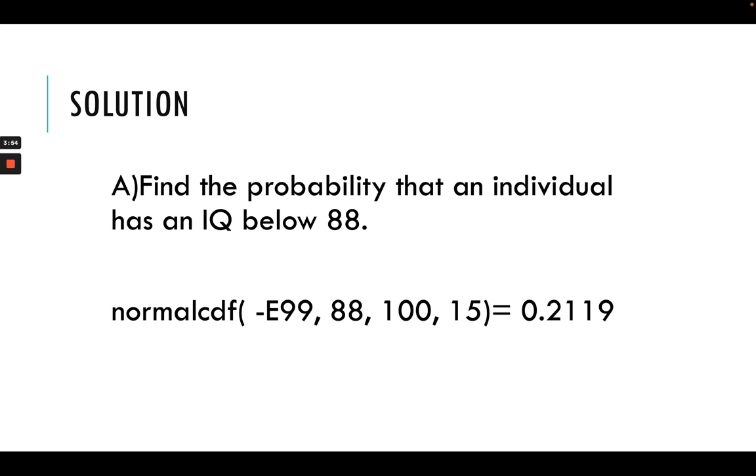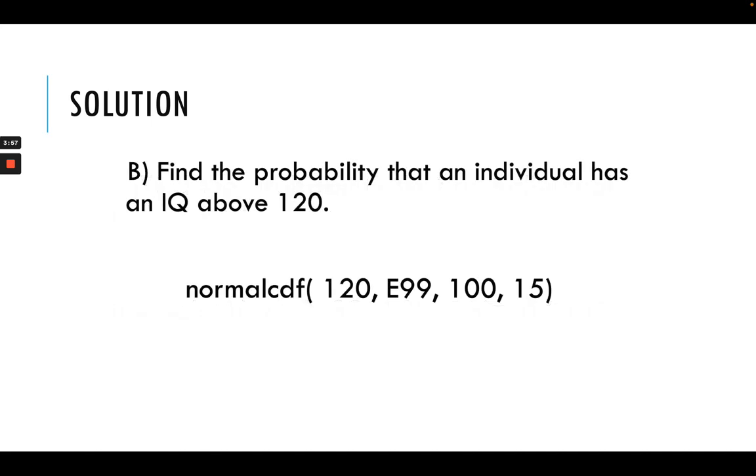Let's look at B. Find the probability that an individual has an IQ above 120. And so here we have 120 on our curve. We're looking at everything above, everything to the right of 120. And so you just want to remember when we're looking to the right of a value, that value is going to be your lower bound, in this case 120. Because we're looking to the right, our upper bound will be E99, the mean is 100, the standard deviation is 15.